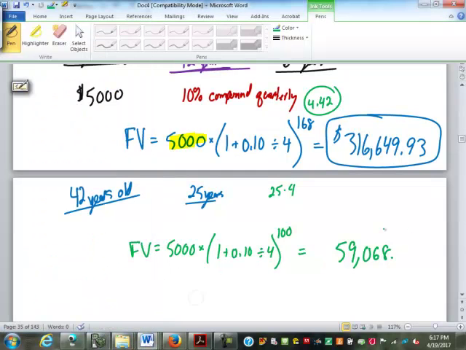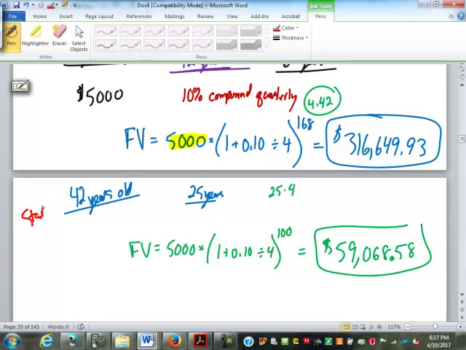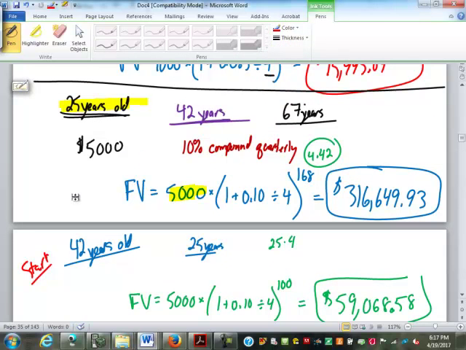This is if you start at 42 instead of at 25. So yeah, you start at 42, but when you hit 67, you'll have $60,000 compared to $300,000. Less than 1/5. So the power of youth is really powerful.